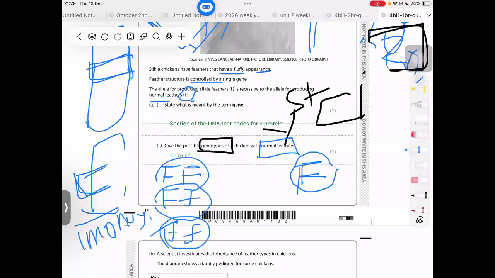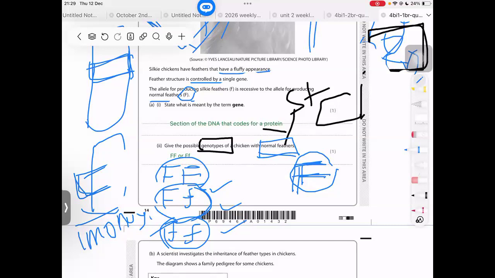Out of these, which genotype codes for normal feathers? It should have the dominant allele, because the dominant allele is dominant over the recessive allele.